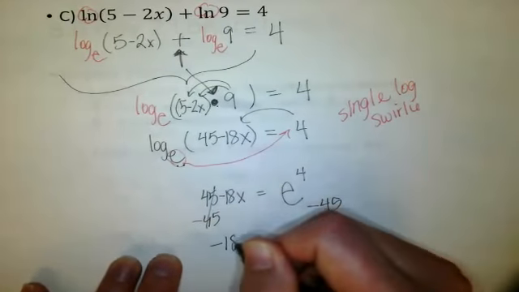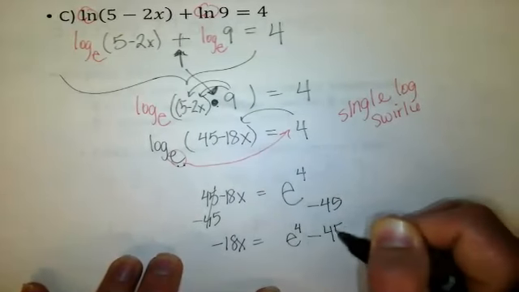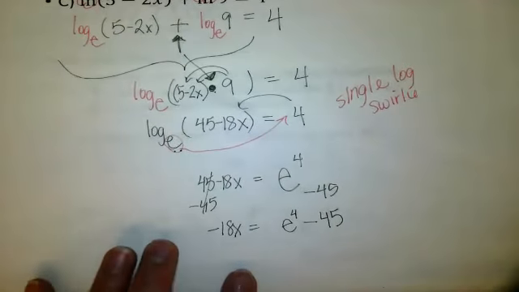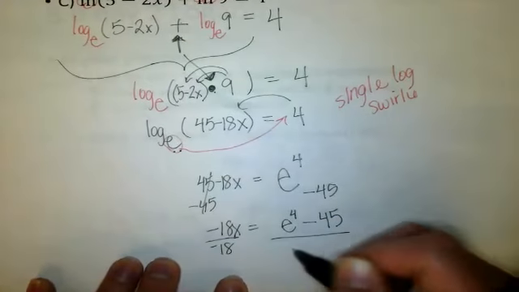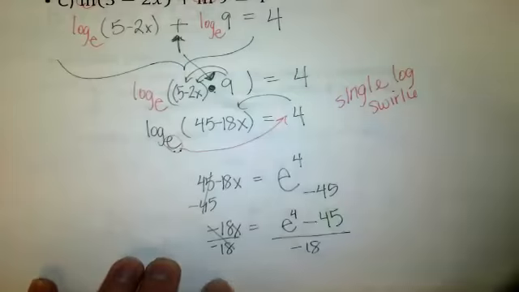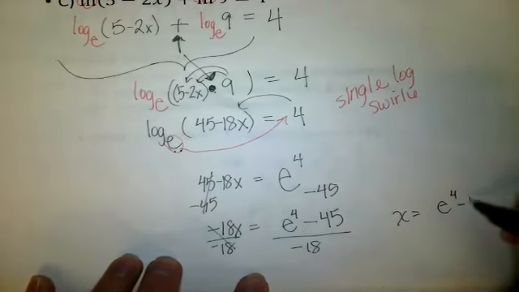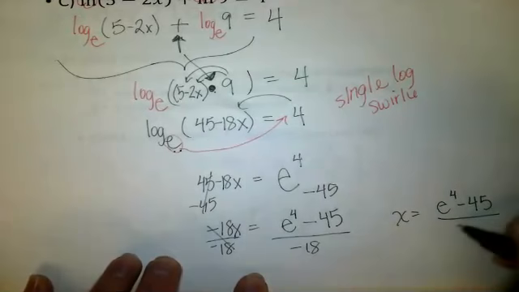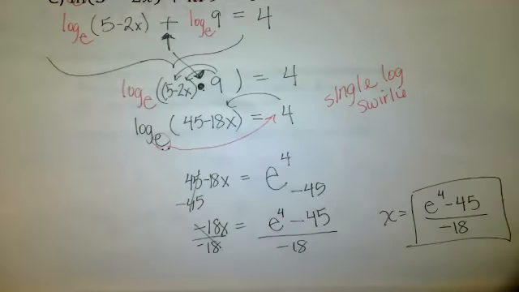So that's negative 18x equals e to the 4th minus 45. And then just divide by negative 18. Divide the whole side. And that's a great answer. x equals e to the 4th minus 45, all divided by negative 18. And that's an excellent answer.